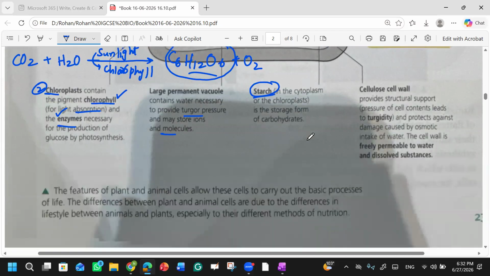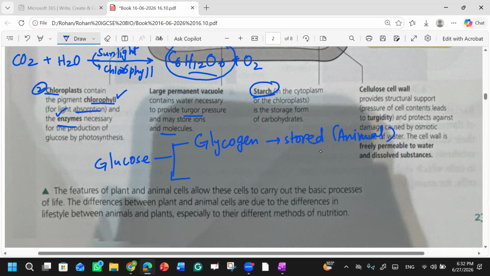The only difference is that in animal cell, glucose will be stored in the form of glycogen. In the plant cell, it will be stored in the form of starch. This is the difference.